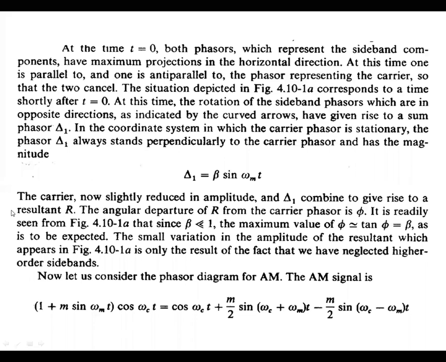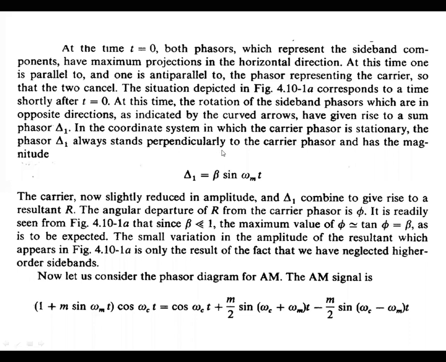Then, after t equal to 0, the rotation of the sideband phasors in opposite directions, as indicated by the curved arrow in that figure, gives rise to the phasor del 1 in the narrowband FM.